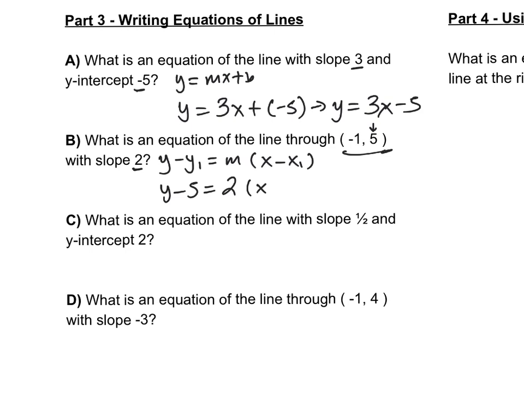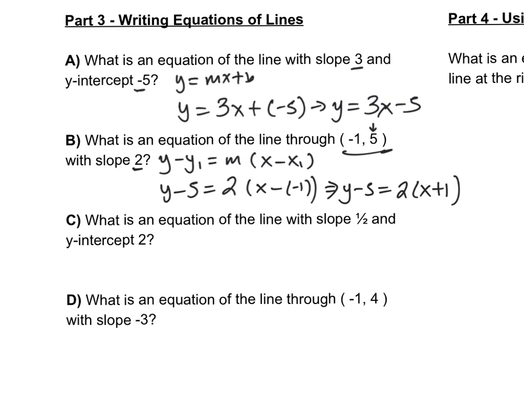Our x minus x1, x1 is -1. Well, we could simplify this to y minus 5 is equal to 2 times x plus 1. So y and x are constant. We just need to determine what x1 and y1 is and substitute it into the point-slope equation.